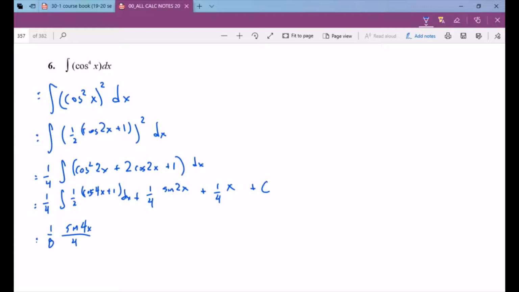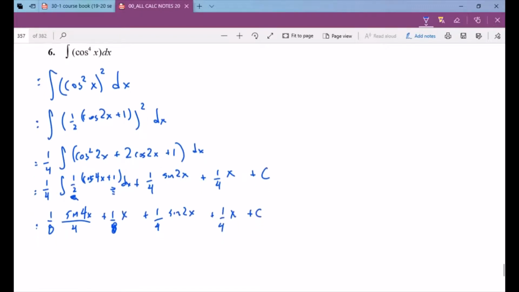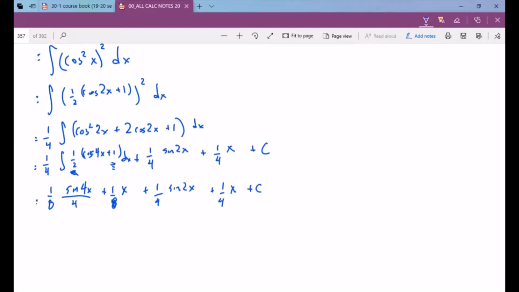The integral of the plus 1 over here is going to be plus 1/8 times x, because we have this factor of 1/2 also. So 1/8 of sine 4x over 4 plus 1/8 x plus 1/4 sine 2x, plus 1/4 x plus c, and it just needs a tiny bit more tidying up.